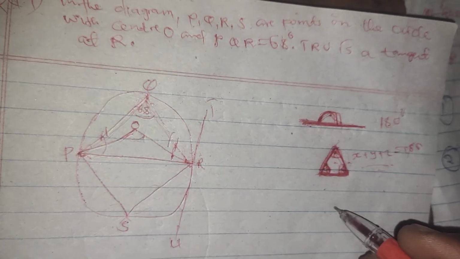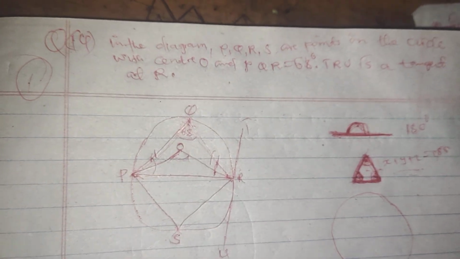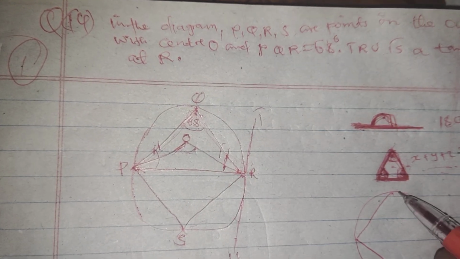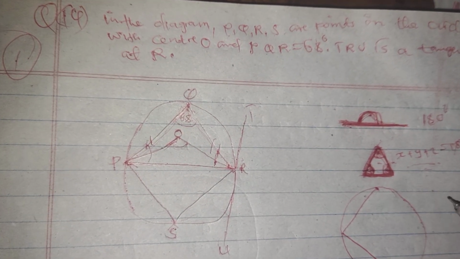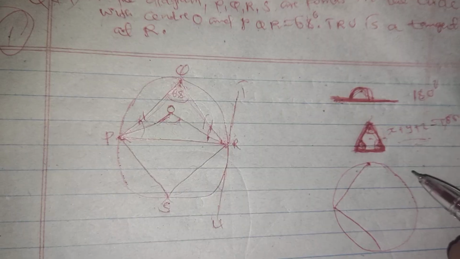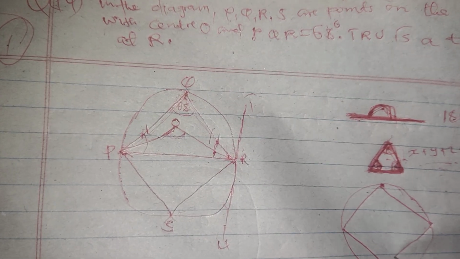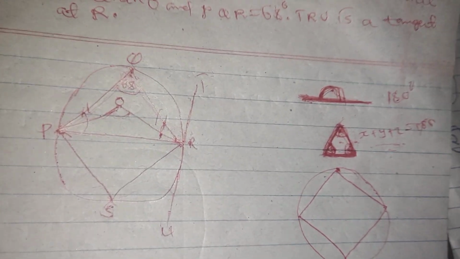This is a circle, and in this circle I draw the quadrilateral so that you understand what I'm talking about. Don't mind my drawing, just get the concept so that you understand this topic.